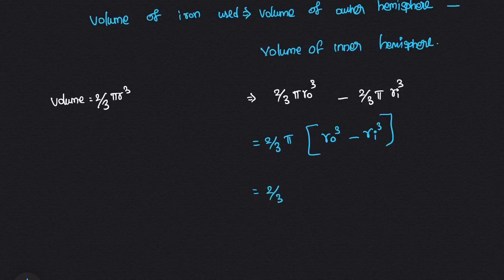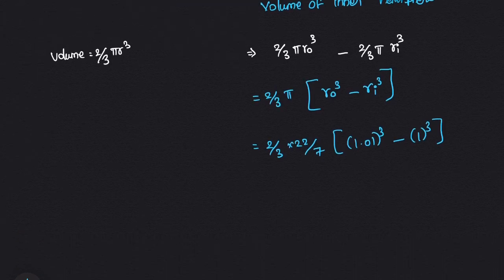Two by 3, 22 divided by 7. Then R_O, that means 1.01 cube, minus 1 cube. So after simplifying, the final value is 0.06348 meter cube.